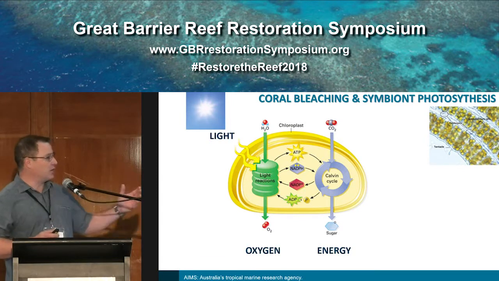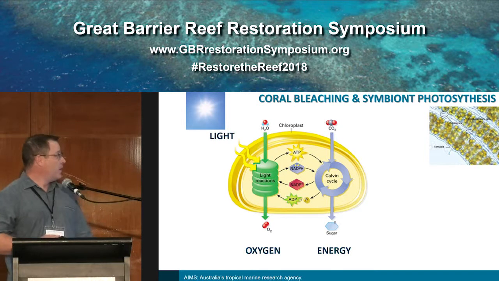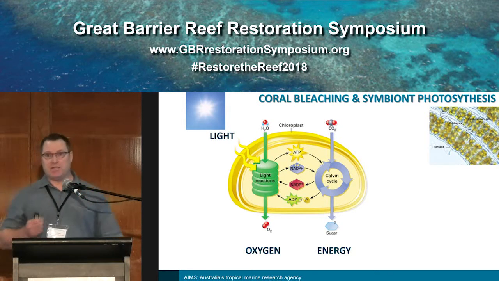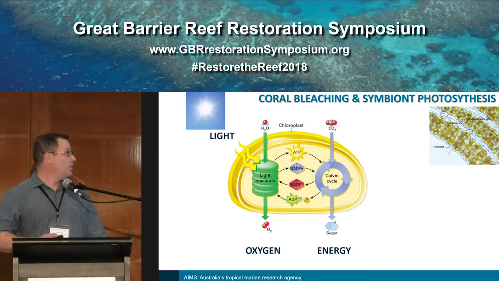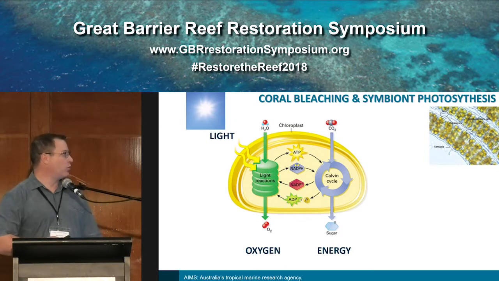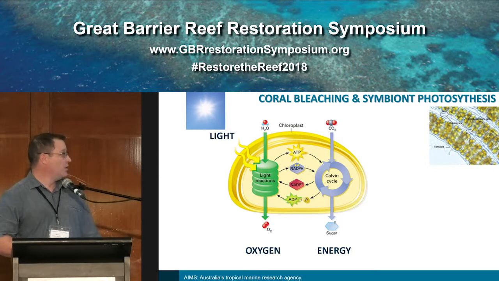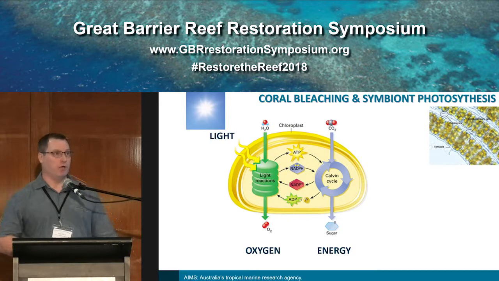It's harvesting the light with chlorophyll, peridinin, and chlorophyll c2, and creating ATP energy that drives the Calvin cycle downstream, which ultimately leads to the production of photosynthates, or sugars and carbohydrates, that the coral host needs to drive metabolic processes.